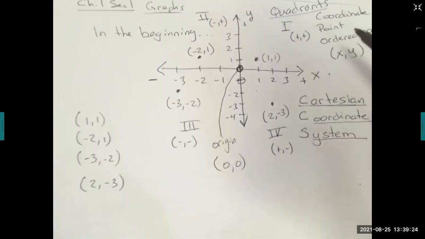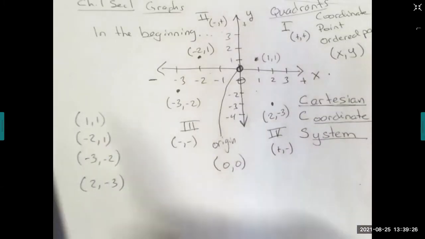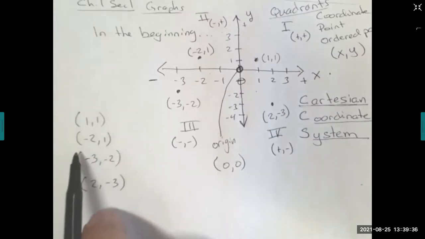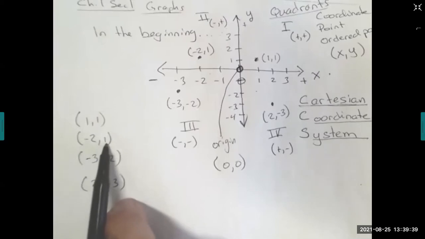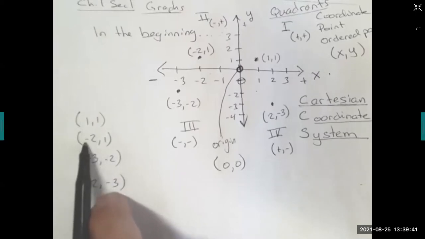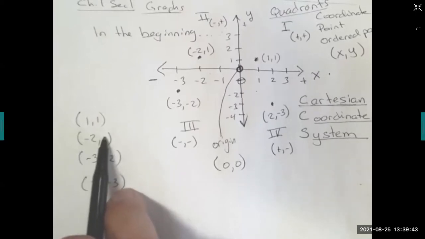So if you think about that, the first sign is horizontal movement. The second sign is a vertical movement. So -2, +1. So it's left, up. So it's in quadrant 2.